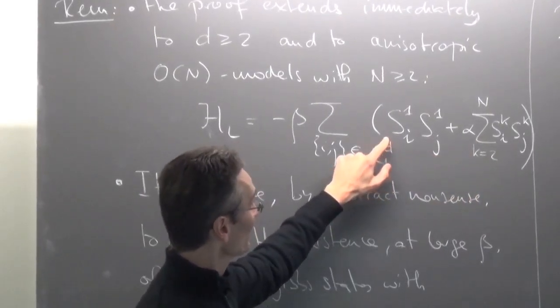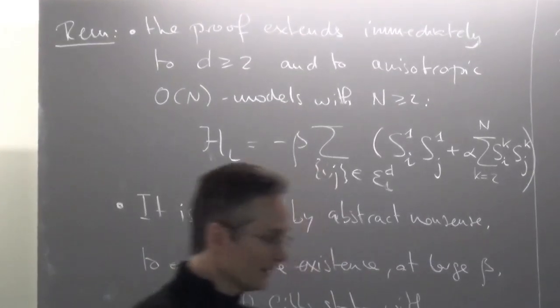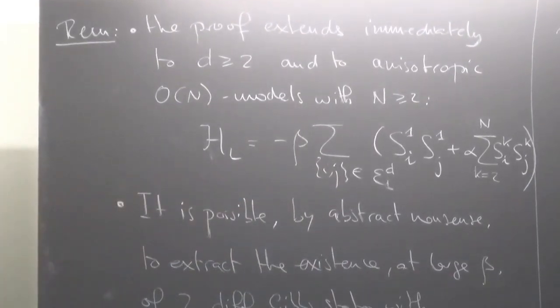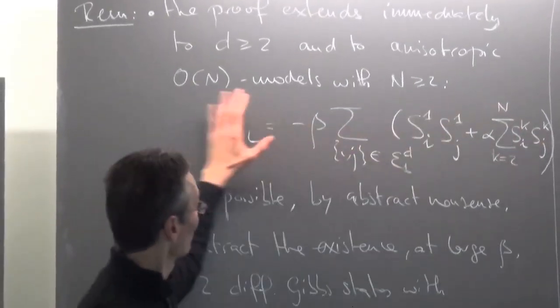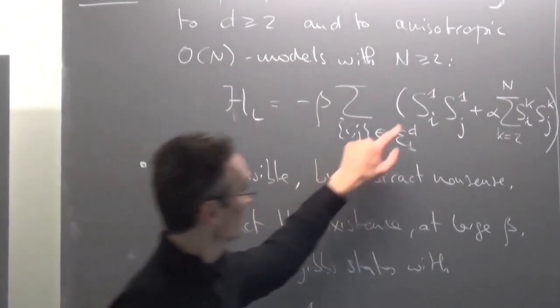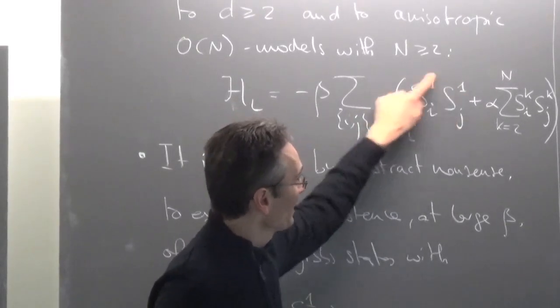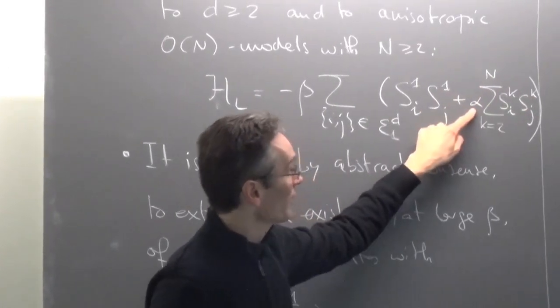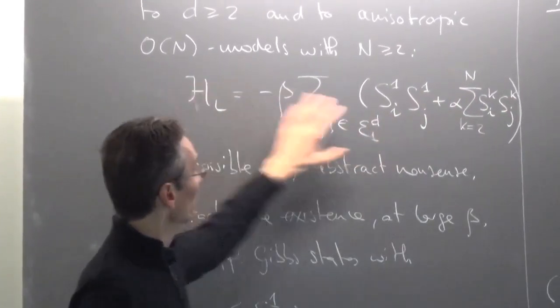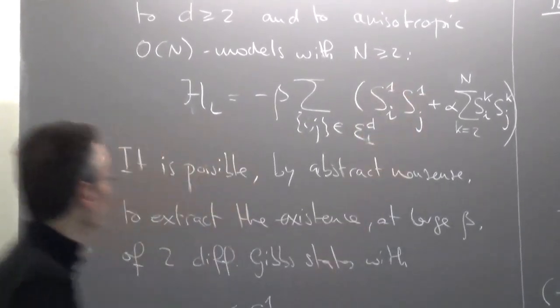The point is that if you want to minimize the energy, there is a minus here. So you want to align the spins and make the product of the spins as large as possible so that the Hamiltonian becomes as small as possible. Of course you want to align them along the first coordinate, because otherwise here it will give you 1, but if you align in another direction it will give you only alpha, and alpha is smaller than 1. So you want to align the spins along their first component.